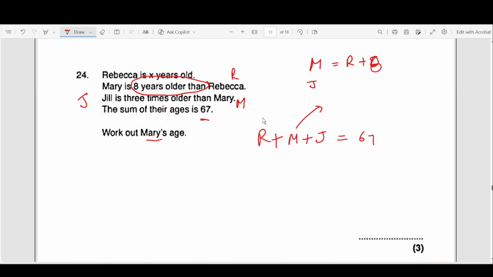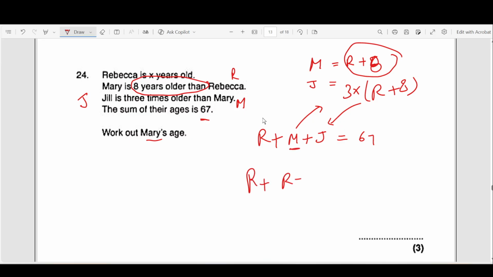So for Jill, it's going to be 3 times Mary's age, which is R plus 8. So 3 times (R plus 8). Now we need to convert all these letters into a single variable. R is just R. In place of Mary, I can write R plus 8. In place of J, I can write 3 times (R plus 8), right? And they all are equal to 67.